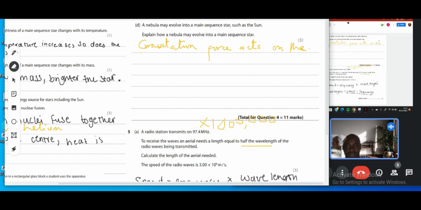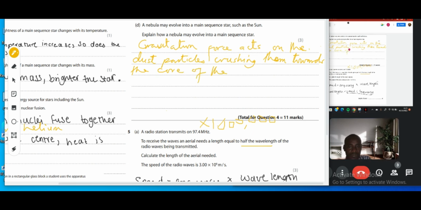Gravitational force acts on the dust particles, crushing them inwards, towards the center, or the core of the nebula. You know what I mean by core? Middle of the nebula, yes.